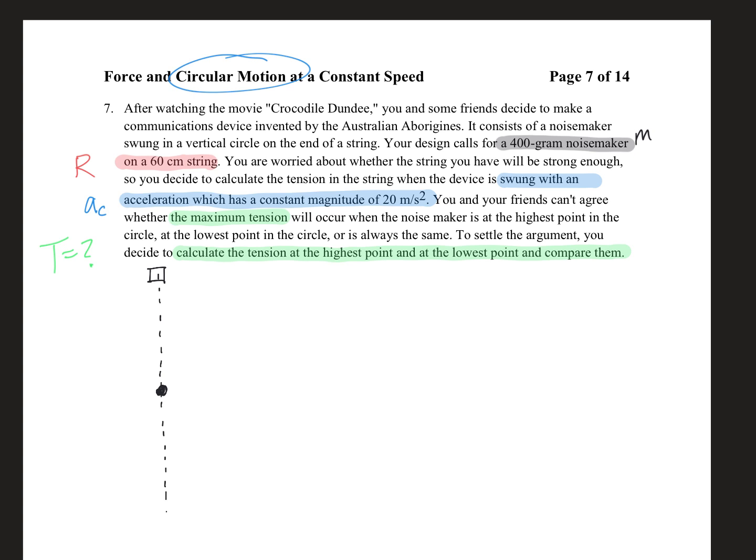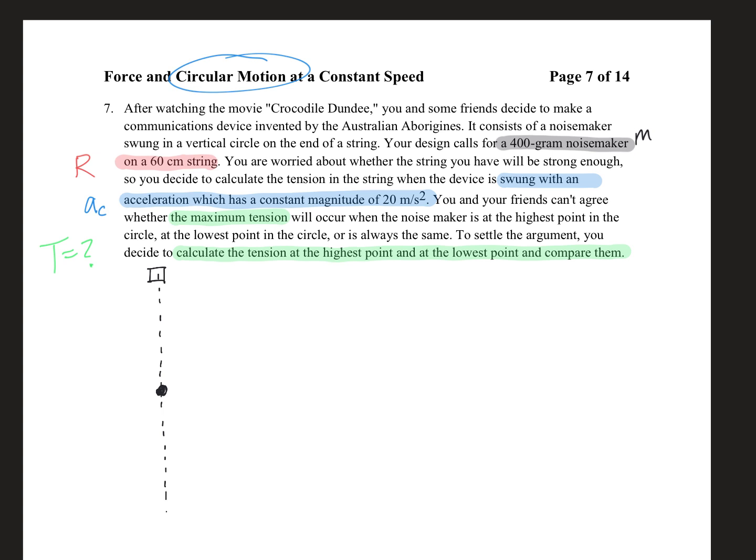I'm thinking of swinging a ball on a string. This problem isn't doing that. It's swinging it circular so that you're standing there looking at it from the horizontal, you see a circular path. Otherwise, you wouldn't have a high and low as the problem stated. So forgive me for that.